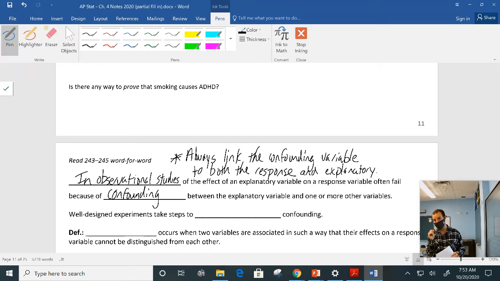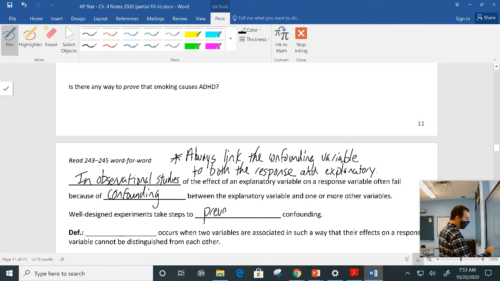Therefore, I cannot determine if the reason they're sleeping longer is because they have more pillows or because they have a larger bed. So now I've linked that confounding variable to both my explanatory and my response variable, and I'm explaining why I can't determine if the response was because of the size of the bed or my actual explanatory variable, which is the number of pillows.